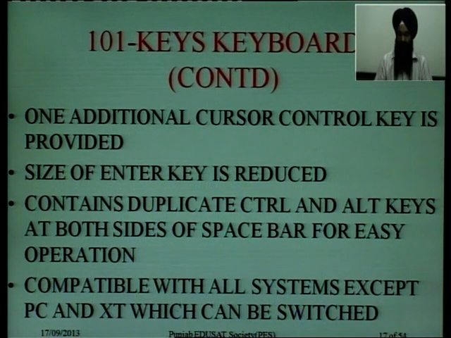It contains duplicate control and alt keys at both sides of the spacebar for easy operation, because when we are entering data with one hand, and we have to use control and alt from that hand on the other side, it is very difficult to enter the data using control and alt keys.